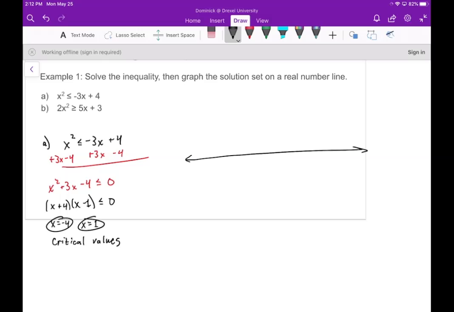So on a number line, let's mark off these values, negative 4 and positive 1. Now we can first talk about, do we even want negative 4 and positive 1 in our inequality? Here, since we have equal to, we do want them. So since we have the equal sign, we're going to have a closed circle here. Now we're going to test a number in each region.